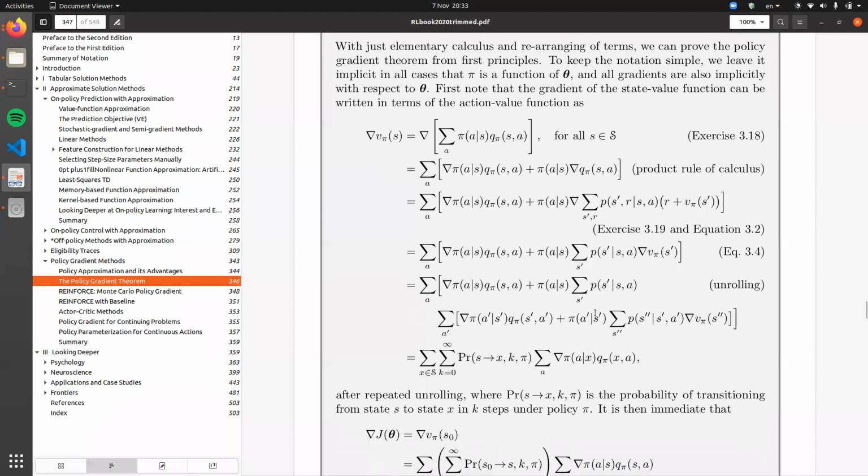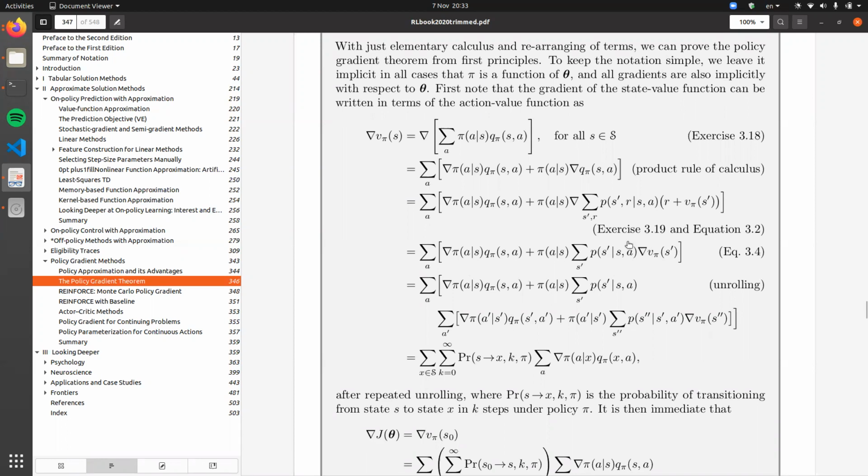We can manipulate these expressions further and get to the sum over future states of the gradient of the value of the next state.